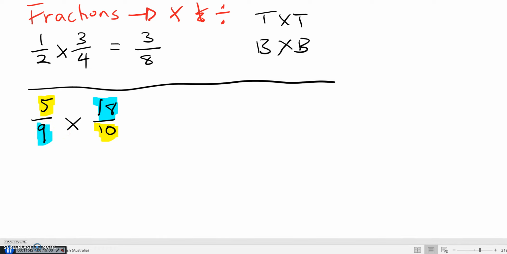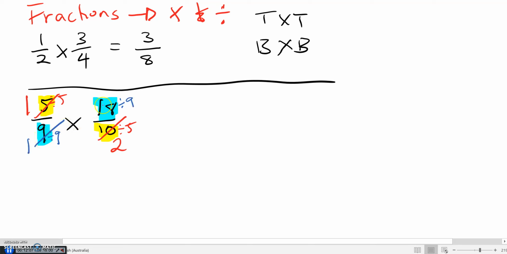So the highest common factor of 5 and 10 is going to be 5. 5 divided by 5 is now 1. 10 divided by 5 is now 2. And then the highest common factor of 9 and 18 is 9. 9 divided by 9 is now 1, and 18 divided by 9 is 2.